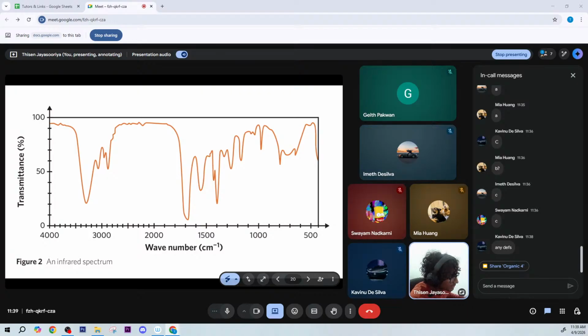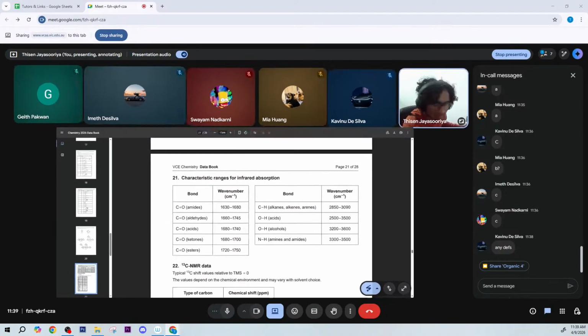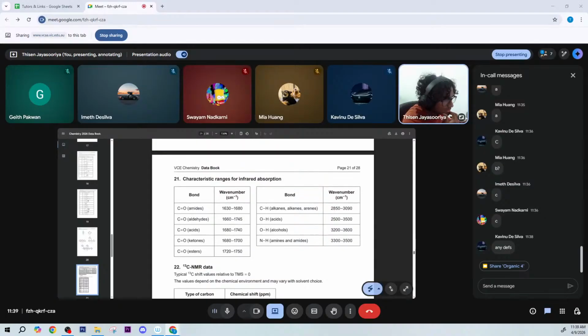So let me pull this up. This is the table for the IR spectroscopy. Here we have all of these bonds that could be present in organic compounds, which could help us find the different functional groups that are present.